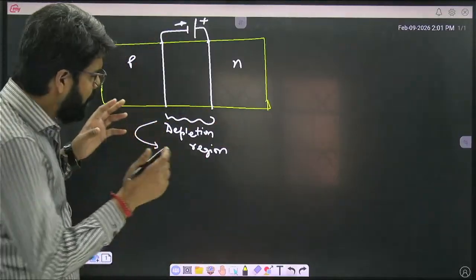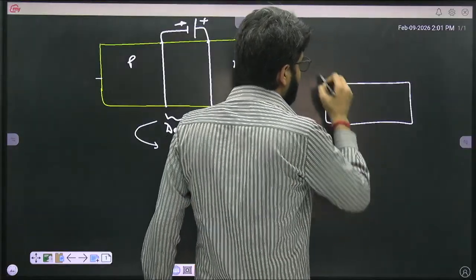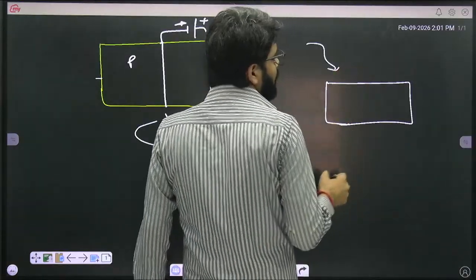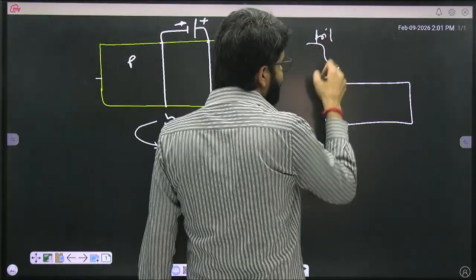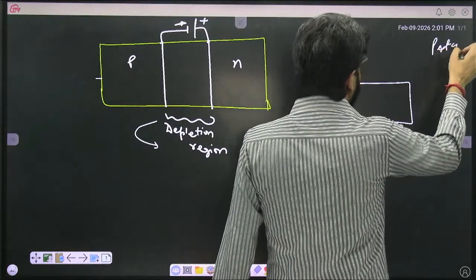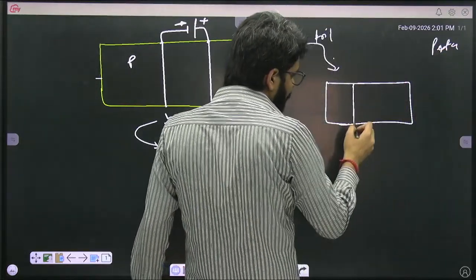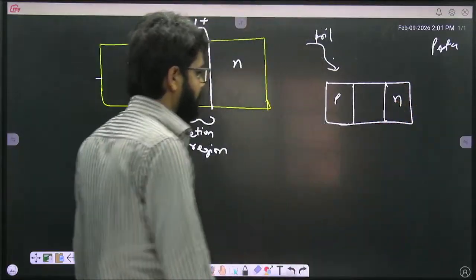So what happens? We take a semiconductor wafer like silicon or germanium. We start putting trivalent doping from this side and pentavalent doping from this side. This will lead to the formation of the P side on this side, and here it will make the N side.